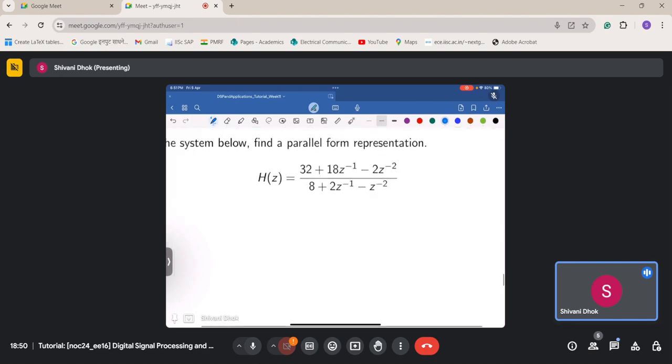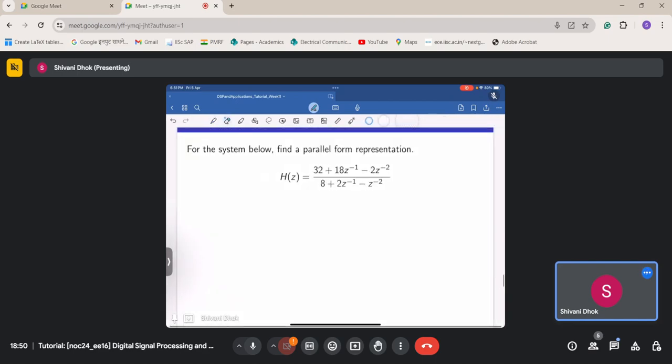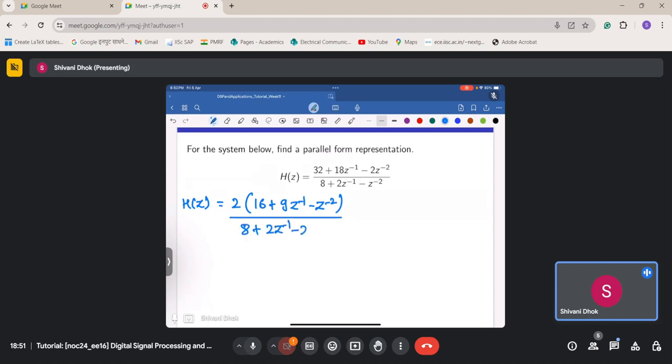For that, let us take this H of z, and from the numerator we'll take 2 common. So we will have 2 times (16 plus 9z inverse minus z to the power minus 2) upon (8 plus 2z inverse minus z to the power minus 2).